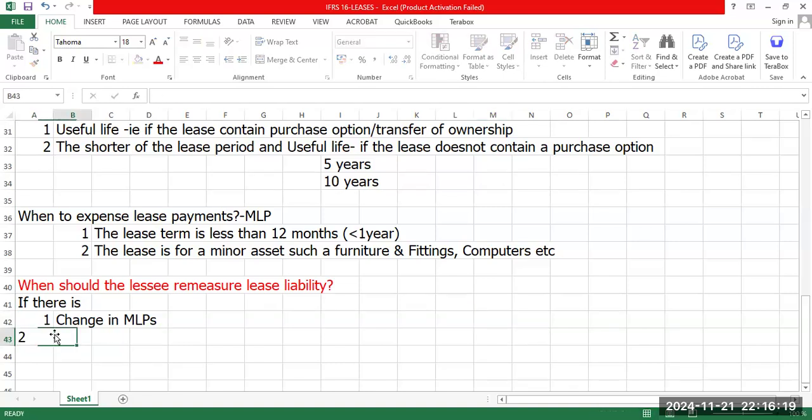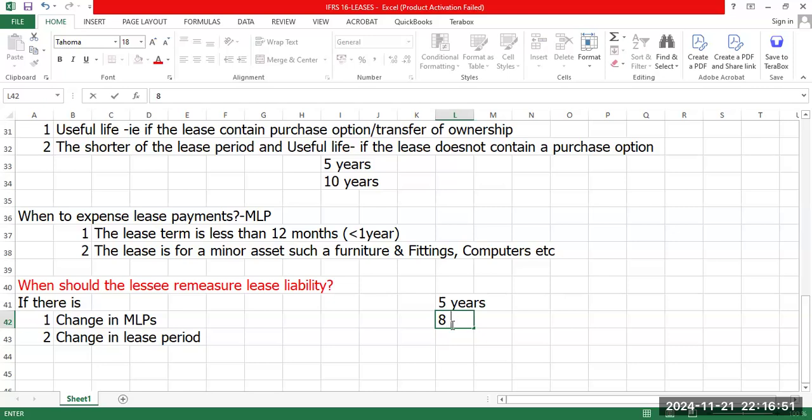And then number two, if there is a change in lease period. Initially, the lease period assumed was 5 years, and now you renegotiate, and now the lease period is, let's say, 8 years.